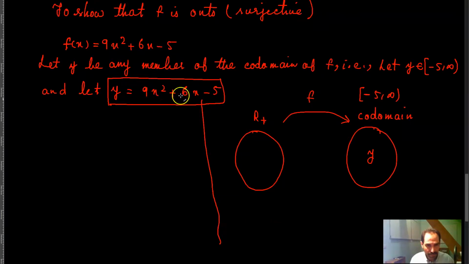This gives me some relationship between those y's and the x's that we have used to get to that y, right? Now I want to use this equation to check whether every y has been mapped to in this set, or is it some select number of y's that have been mapped to and there are some other y's that are not the images of some element in the domain of the function, right?